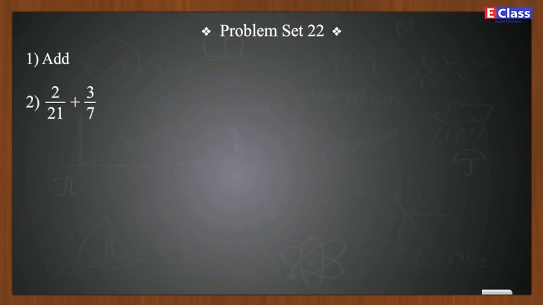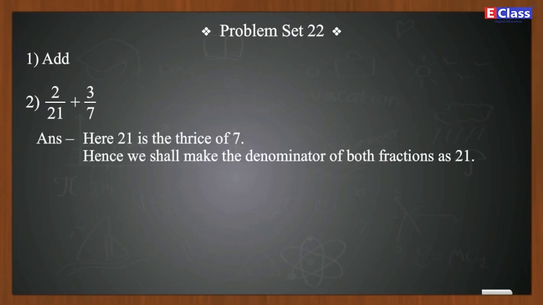2. 2/21 plus 3/7. Answer. Here, 21 is thrice of 7.